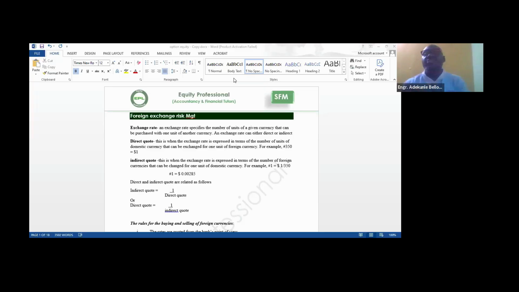Exchange rate. We can define exchange rates as the number of units of a country's currency that can exchange for 1 unit of another country's currency.